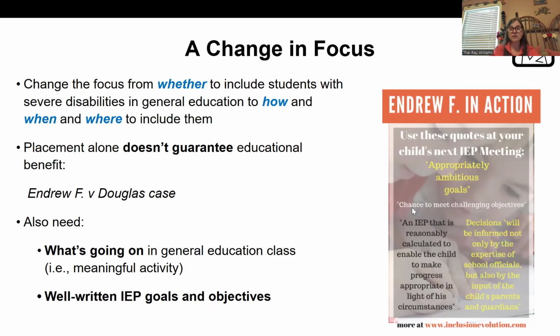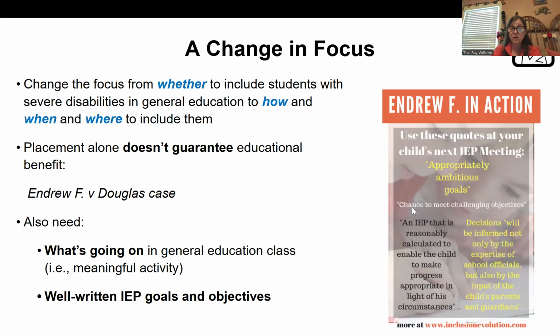But if we have John sitting in the back of a ninth grade algebra class, and his para is with him, and this happened with one of my students, he's sitting back there just tearing up magazines. He's not engaging with his peers. He's not engaging with the curriculum. He's not participating in activities. Then we want to make sure that we're looking at that and saying, is there an educational benefit for that?